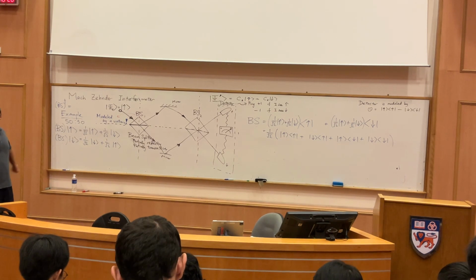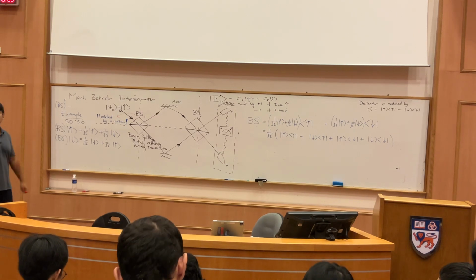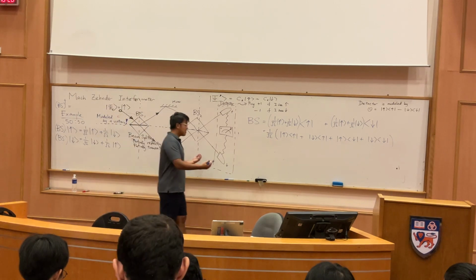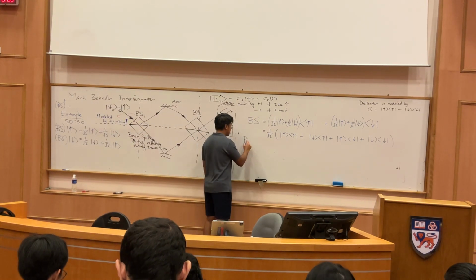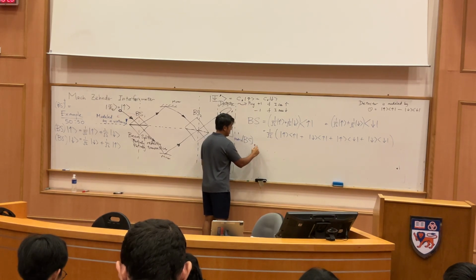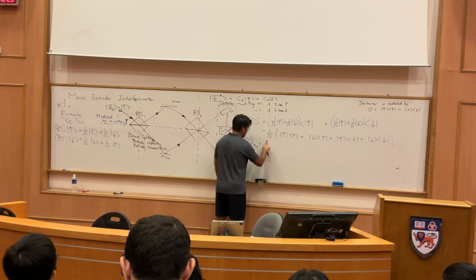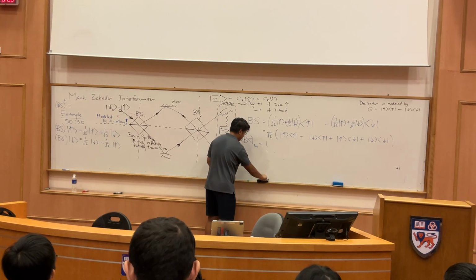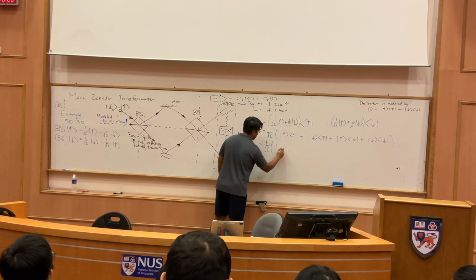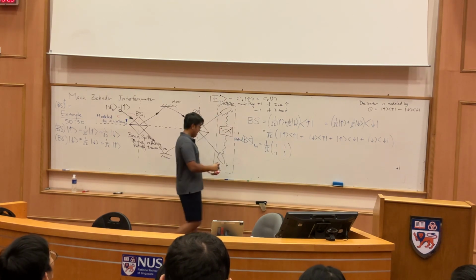And then we can ask the question, what is the matrix representation of this? Everything is 1 over square root 2. So the matrix representation in the basis of up and down is 1 over square root 2 times 1, 1, 1, 1. Very good.